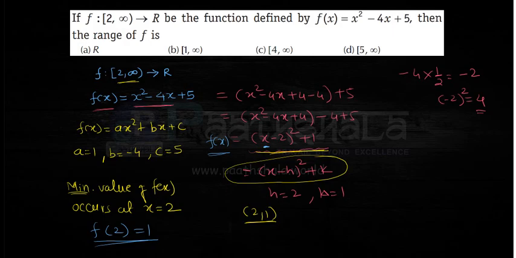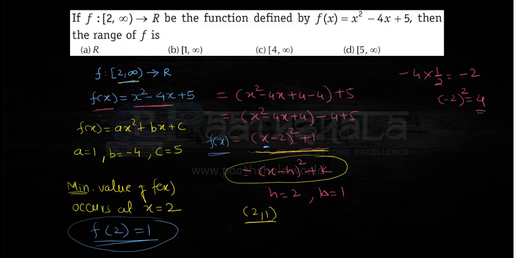So therefore the function reaches a minimum value of 1, that is f of 2 equals 1 at x equals 2, and increases without bound as x tends to infinity. So we know that the domain is 2 to infinity, so the function increases without bound as x tends to infinity. It is an unbounded function. So now we know the behavior of the function.